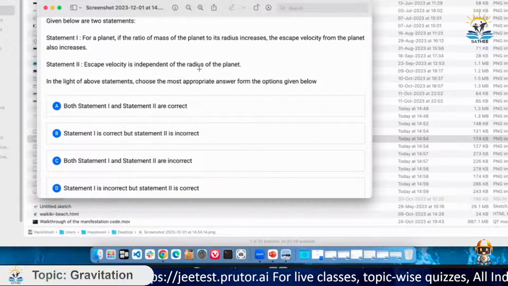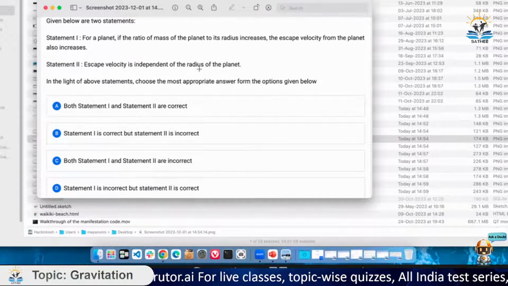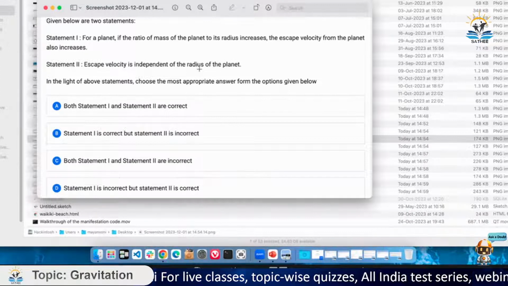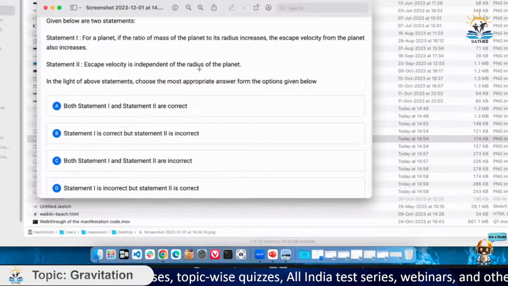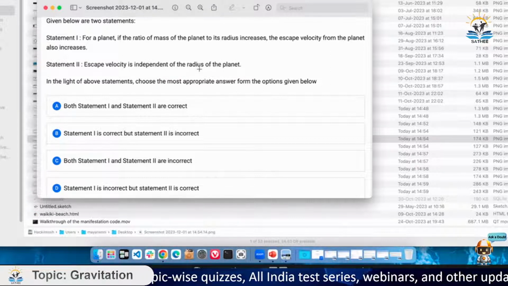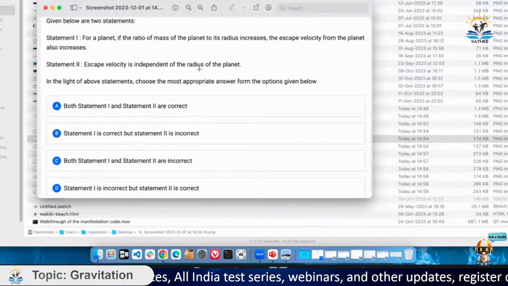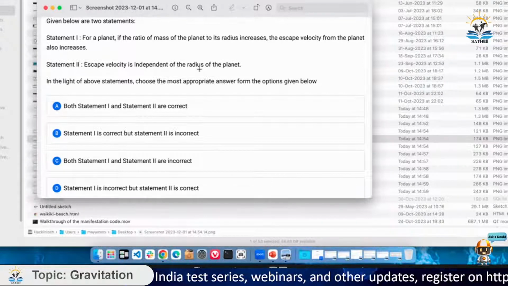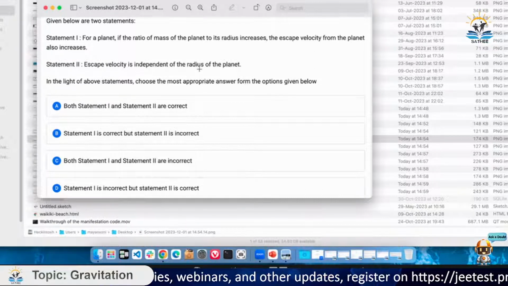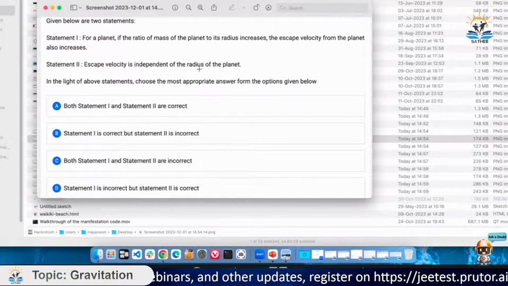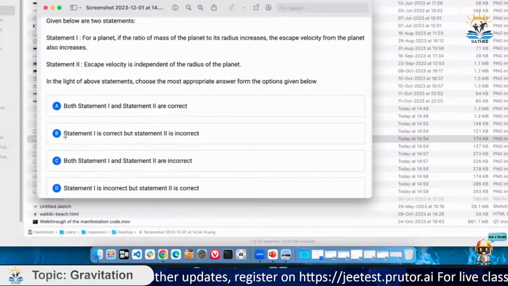This is saying if the ratio of mass of the planet to radius increases, the velocity also increases. So yes, we see the ratio of mass to radius in the equation. The escape velocity is directly proportional to the root of the ratio of the mass of the planet to its radius. Since that value increases, escape velocity will also increase. So our answer would be statement 1 is correct, but statement 2 is incorrect. So B would be our answer.